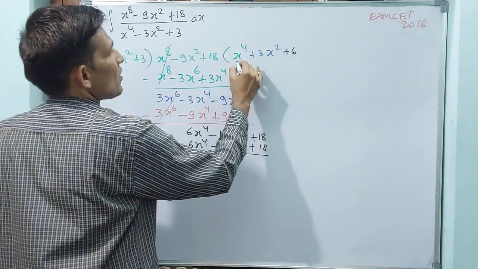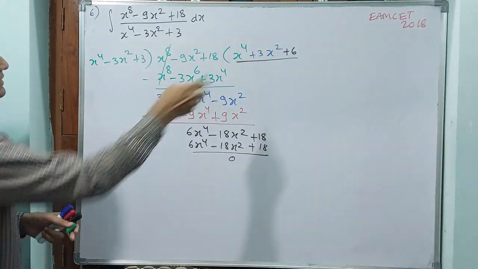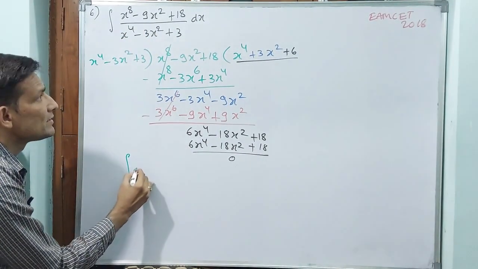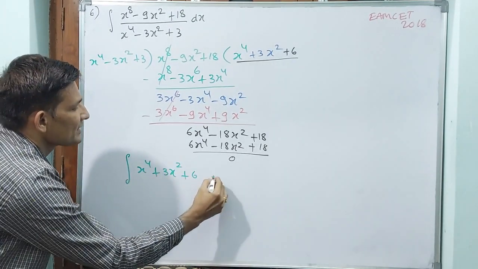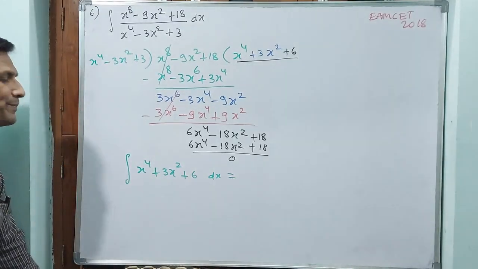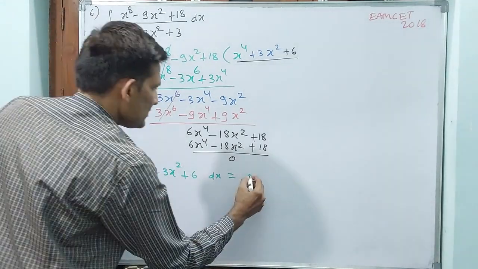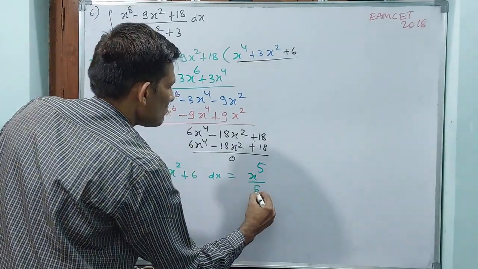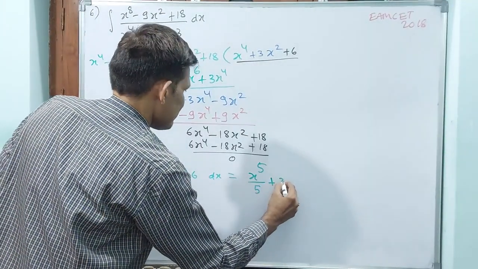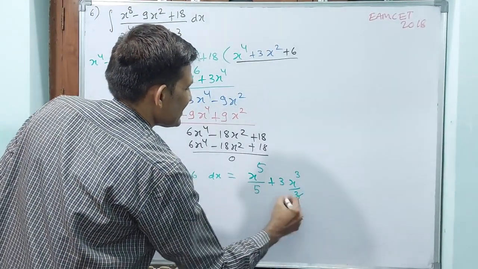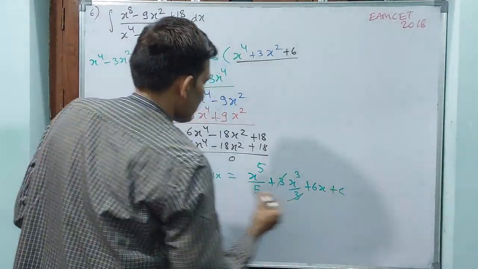That means, see, this you have to take for integration. Okay, let us take the integration. Integral of x to the power of 4 plus 3x square plus 6 dx is equal to x to the power of 5 by 5, 3 into x cube by 3, 6x plus c.